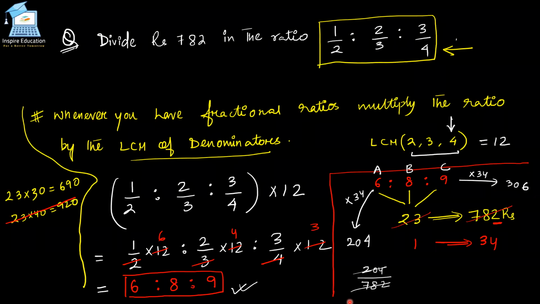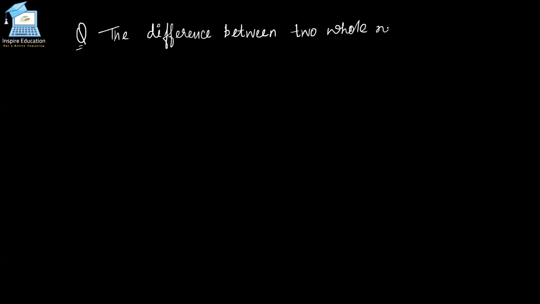Okay, next, let's go to the next question. The difference between two whole numbers is 66.